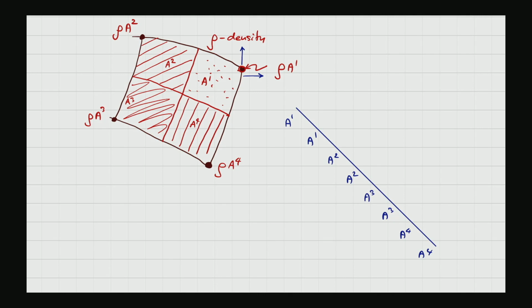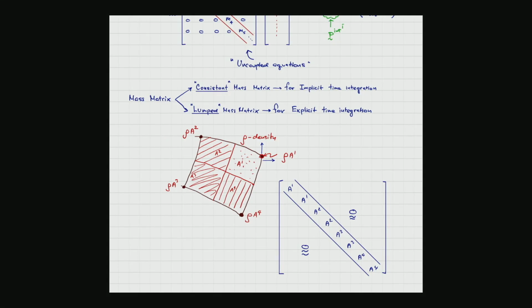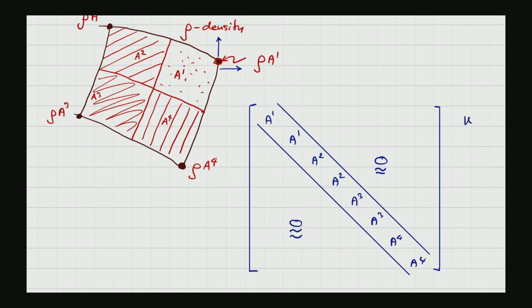So it forms the diagonal band like this. And the condition is that it is associated with U1, V1, U2, V2, like this. Okay.